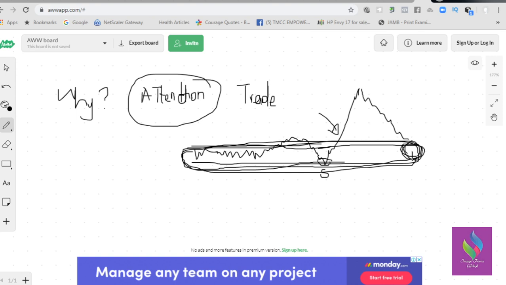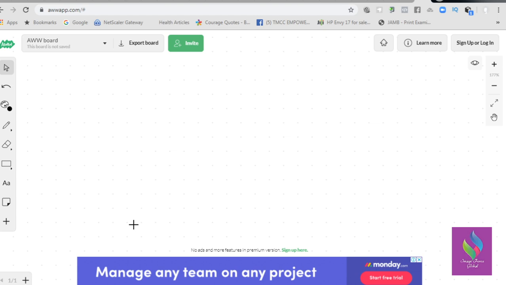All right, so now you've been able to understand how support can become resistance and how resistance also can become support. Now you know how to draw your support and resistance line, very, very important.